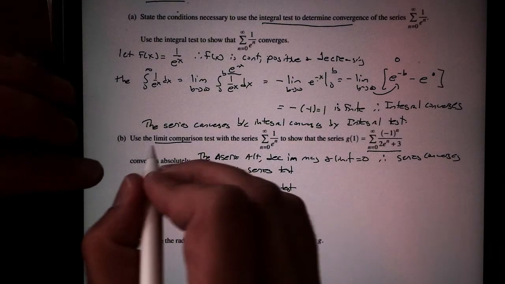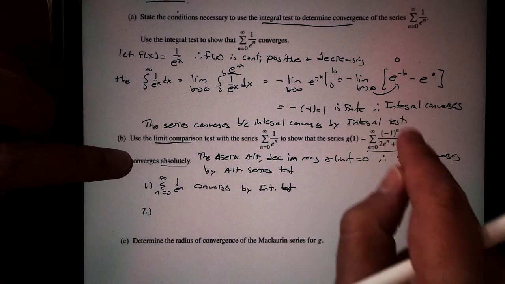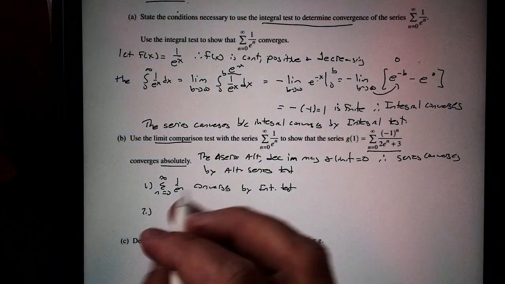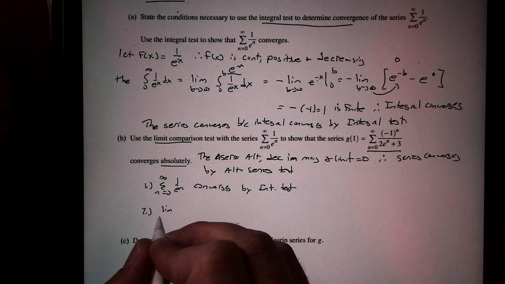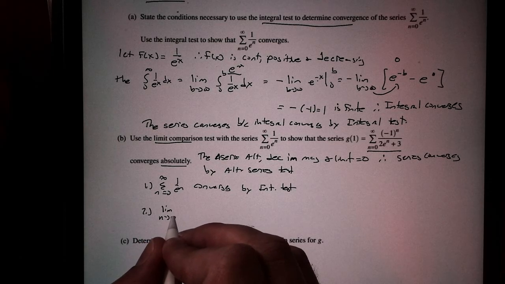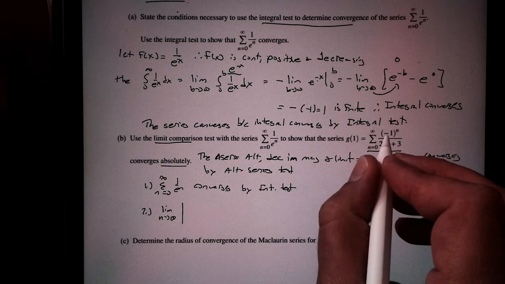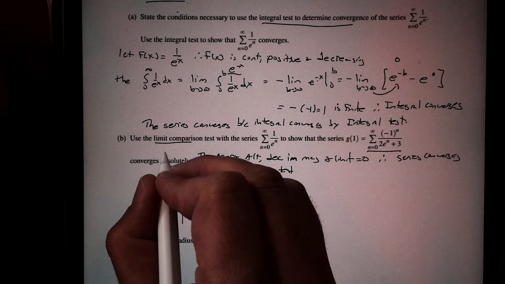So remember, when I'm trying to show something converges absolutely, we want to make sure that if this was all positive, will this converge? And that's what the limit comparison test is going to help us out with here. So the limit as n goes to infinity, using the limit comparison test, we would take our magnitude here. We want the magnitude because we want it absolute.